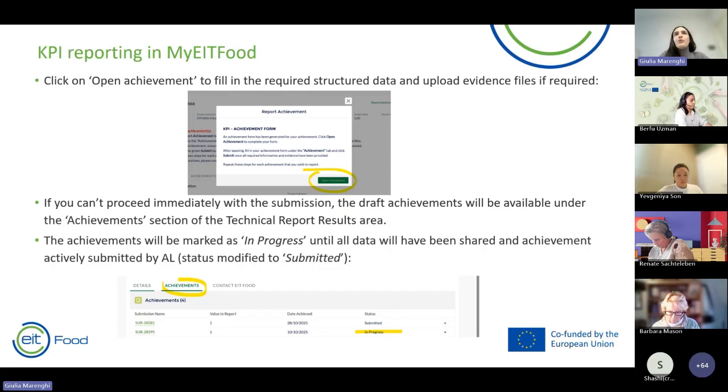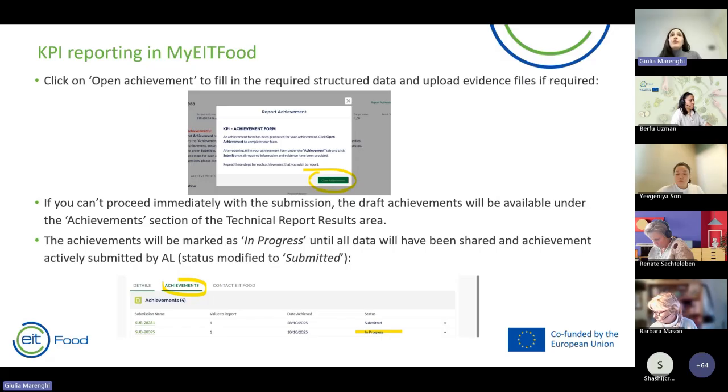I can then choose whether to click immediately on the Open Achievement button, the one that you see highlighted, and start inserting my data, so my structured data that we saw in the presentation, and my supporting evidence files to be uploaded, because this is a marketed innovation O2.4 that we took as an example.